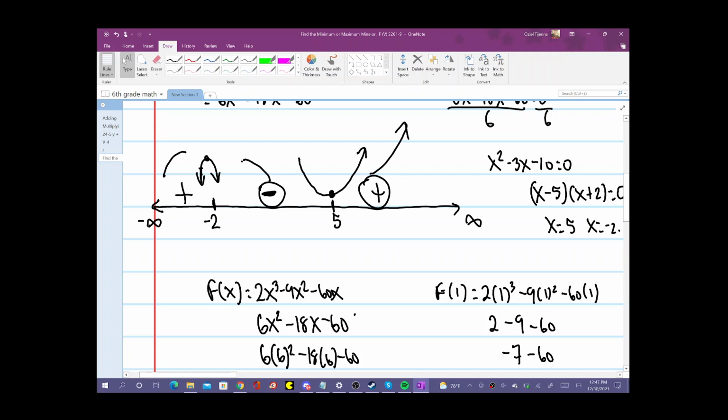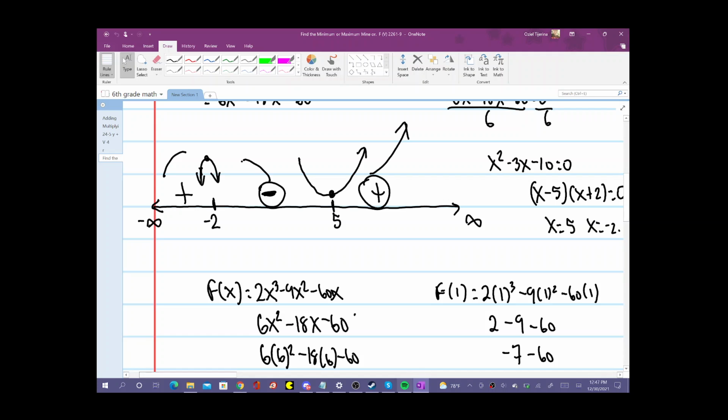And then looking at the points, so like it's increasing and then it decreases, so that means that at -2 there's a maximum. So then from 5 to infinity, it increases, because if we do x equals 6, for example, it increases. So that means that there is a minimum at 5, okay?